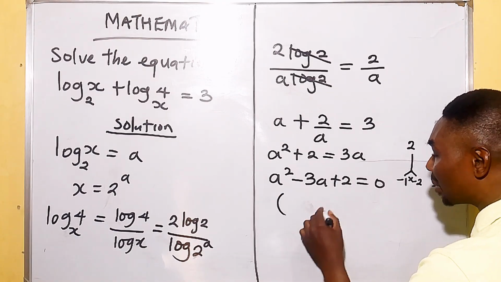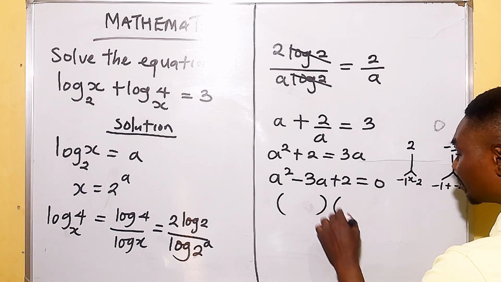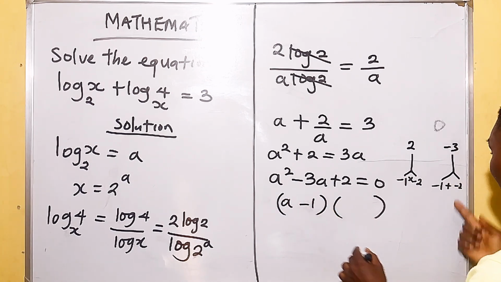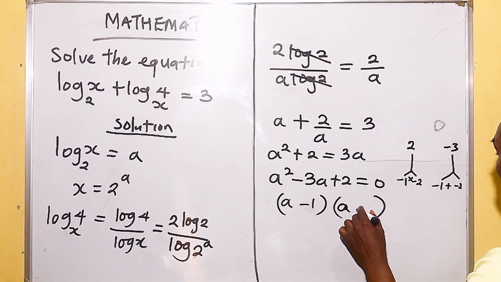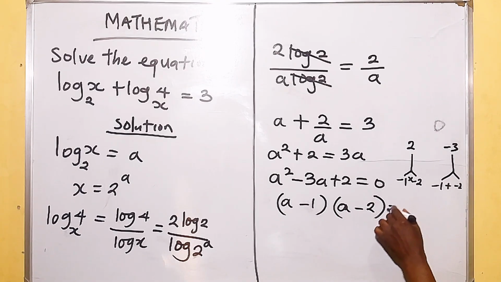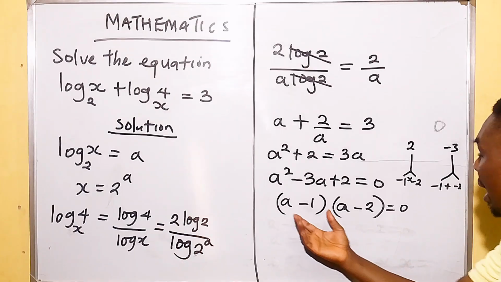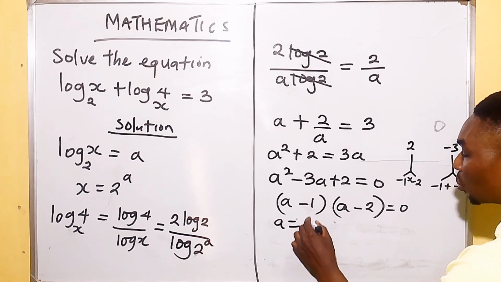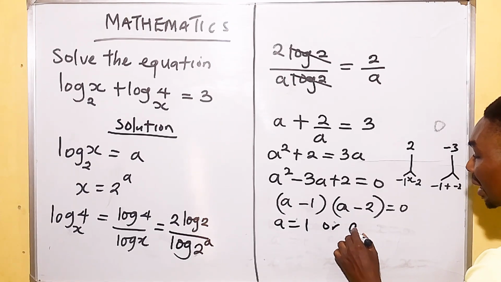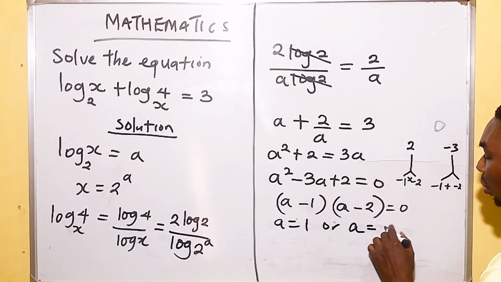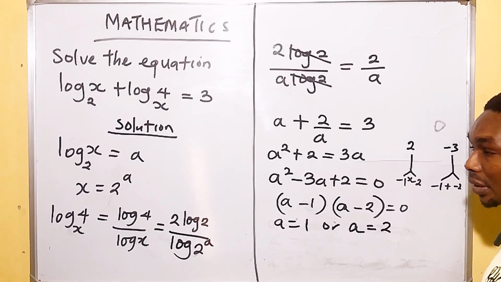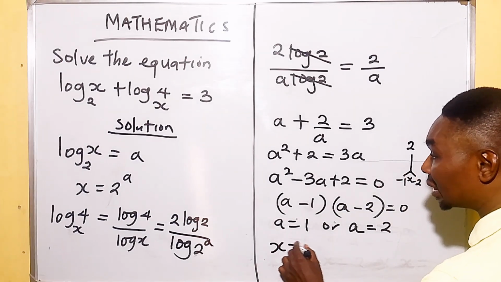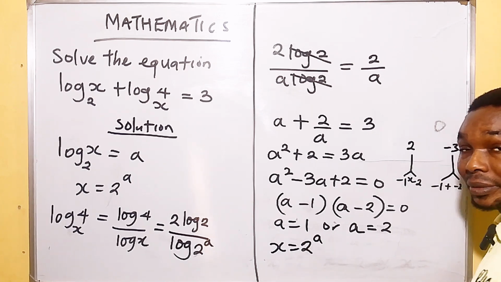So I can just open my bracket and say a minus 1, then a minus 2 equal to 0. So having gotten this answer, it means that our a is equal to 1 or our a is equal to 2. Now, from this equation here, x is equal to 2 raised to power a.